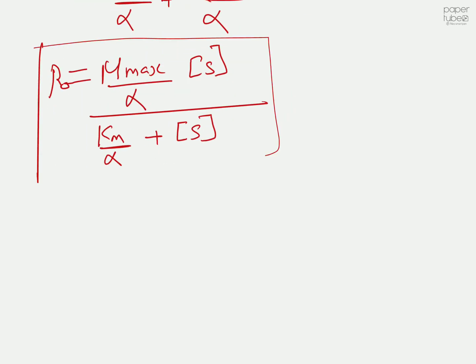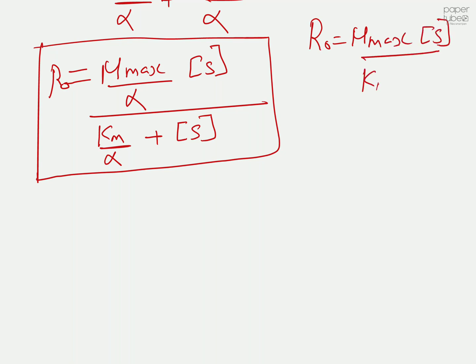This is for your uncompetitive inhibitor. And we know if you are performing an enzymatic reaction without any inhibitor, the rate expression is simply mu max multiplied by S divided by Km plus your substrate concentration.